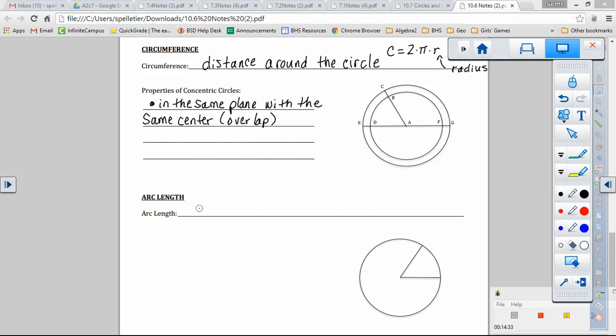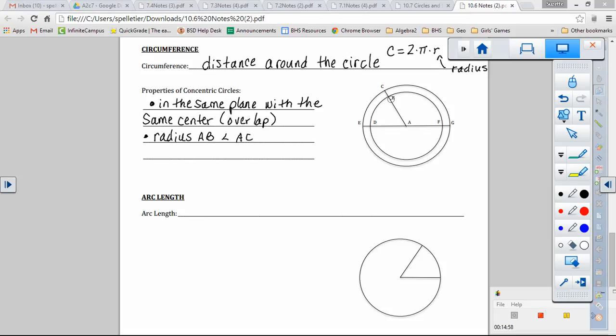Another property is that radius AB is less than radius AC. That makes sense.